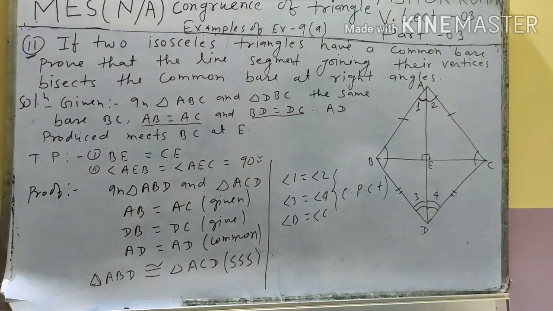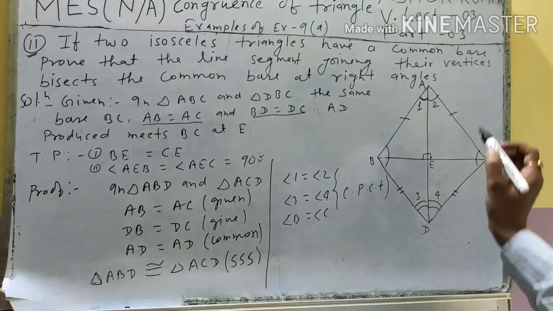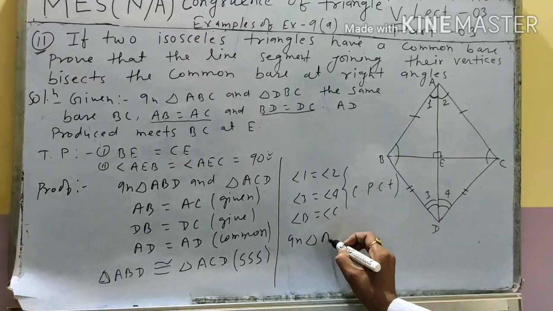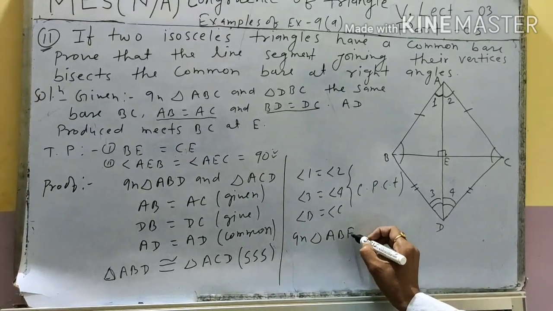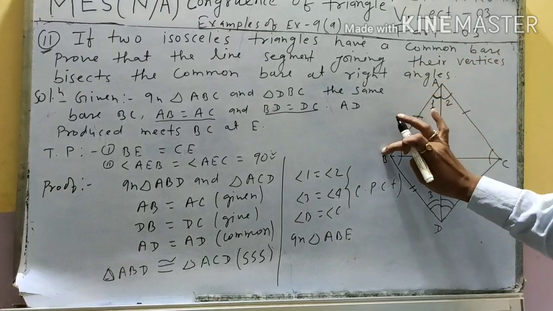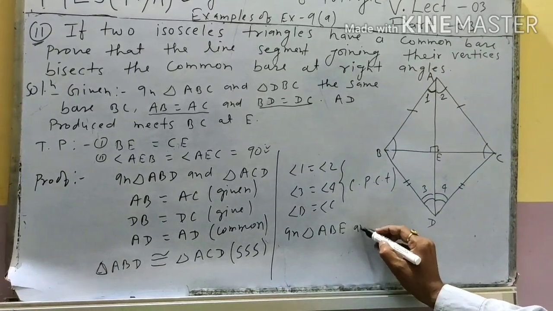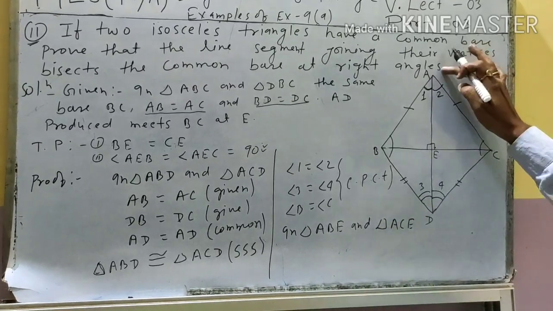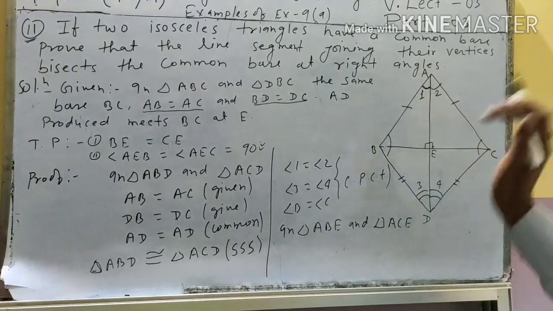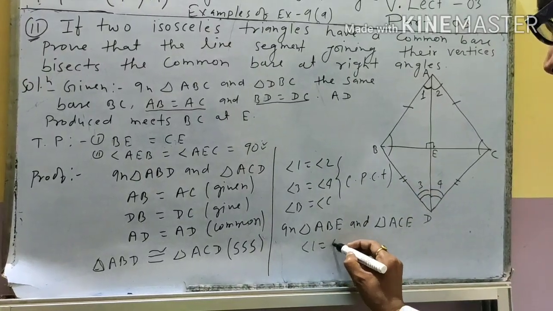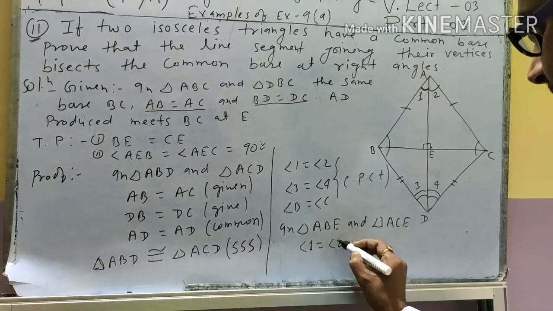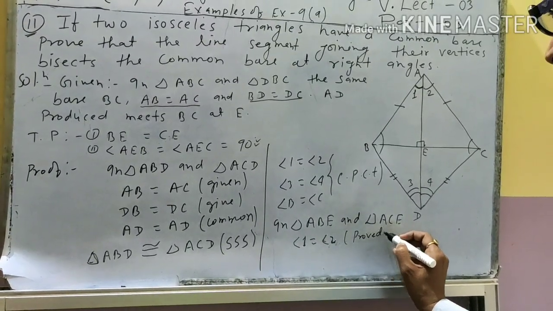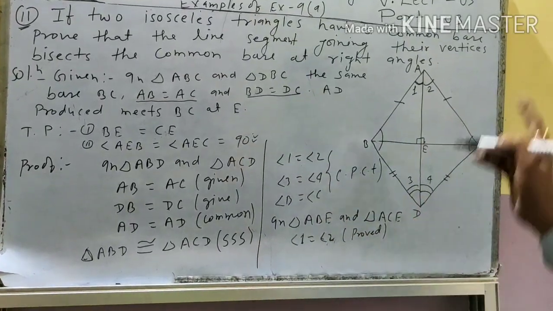Okay, student. Then in triangle ABE and triangle ACE, look at the triangles. In these two triangles, angle 1 is equal to angle 2, just proved.